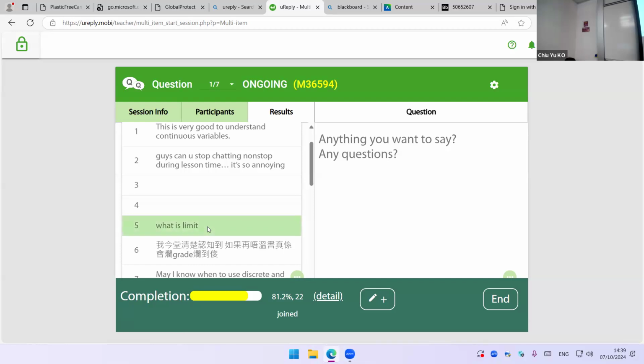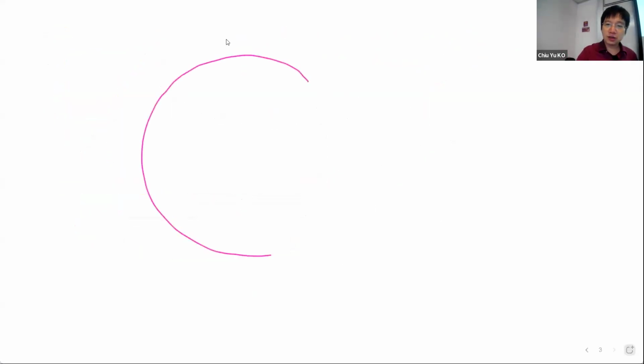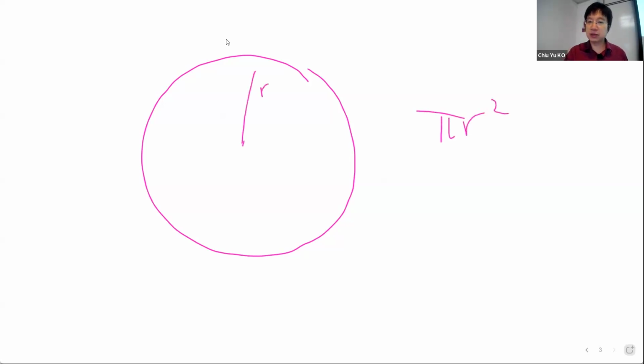To give you an idea, the limit is a little bit math, okay? I hope everyone will understand this concept. If I have a circle, how do we calculate its area? If you learned it before, everyone in the world knows it is pi r squared, with r being the radius.